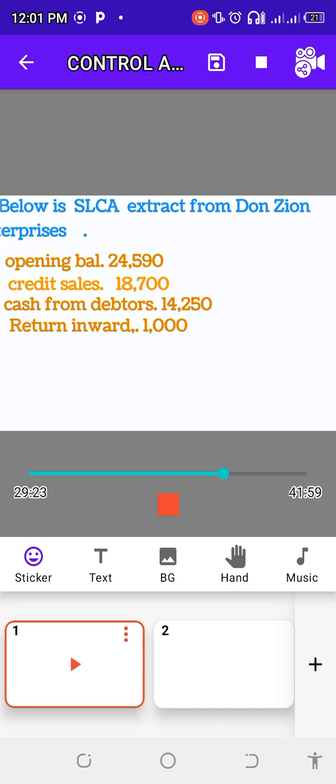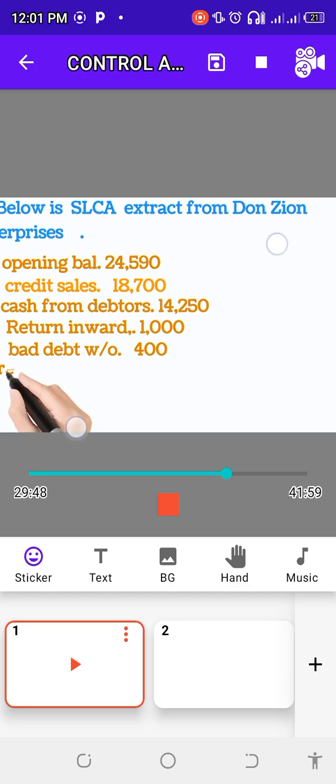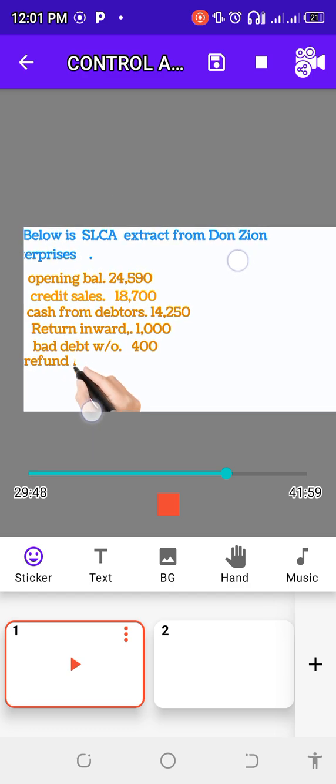Sales return or return inward is 1,000. Bad debt written off is 400.